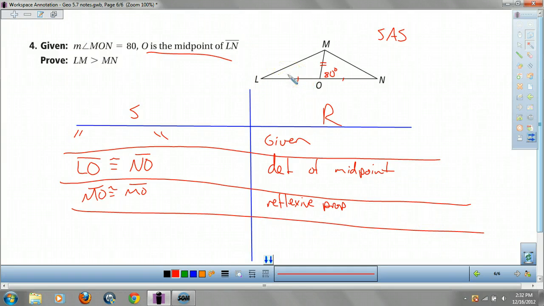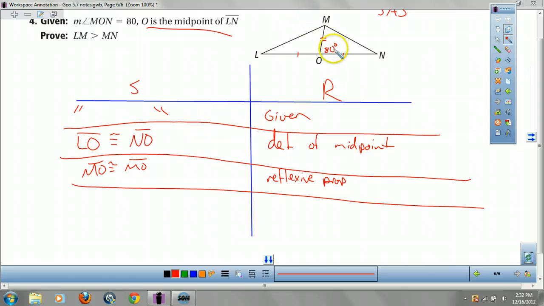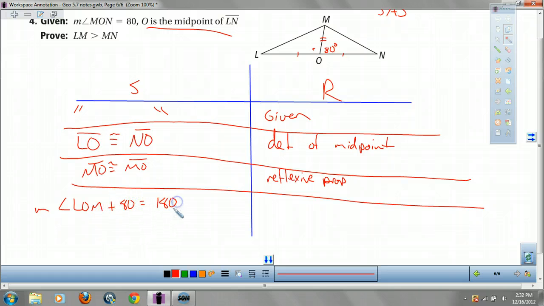Now here's my big question for you. I want to skip some steps. Don't tell anybody we're skipping steps. If that's 80 degrees, what do you know about this angle? What do we know about it? We know the measure of angle LOM plus 80 equals 180, right?